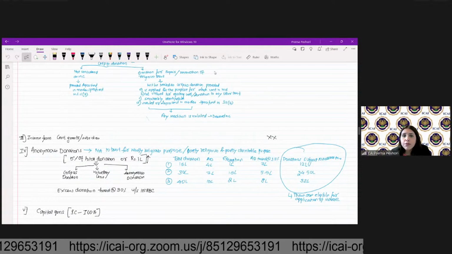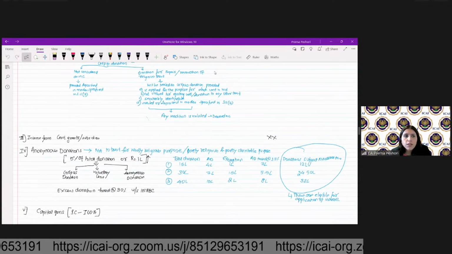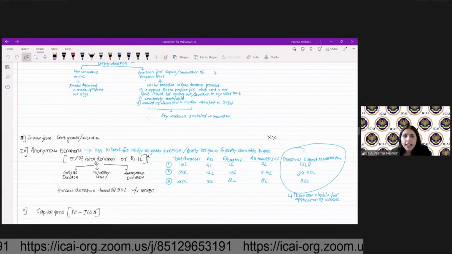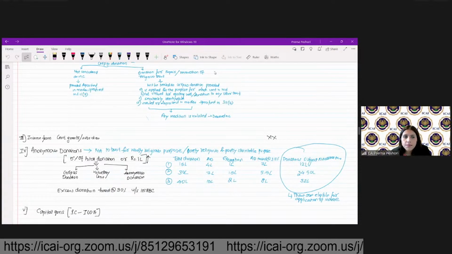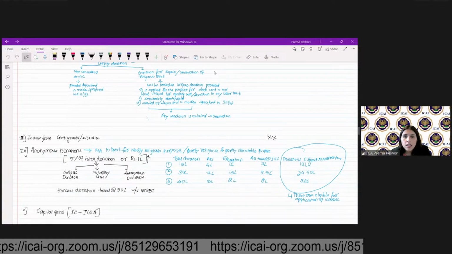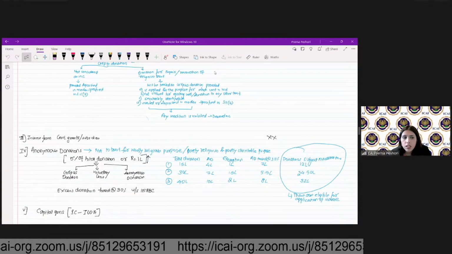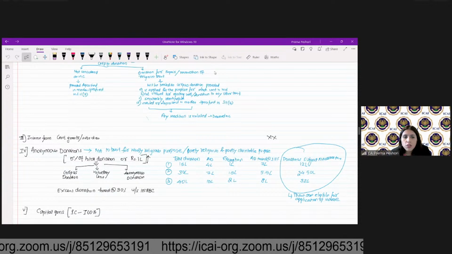So can you calculate for me the excess amount of anonymous donation which should be taxed here? So 5% of the total donations. What will be my total donation over here?